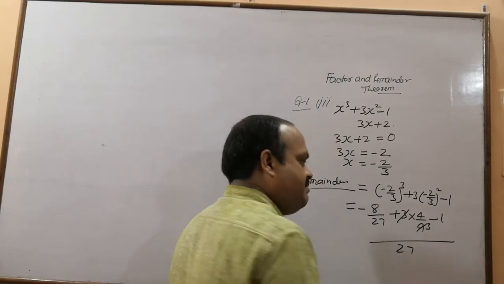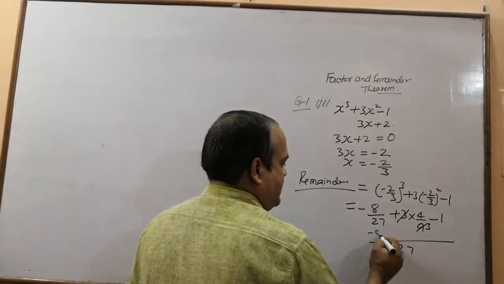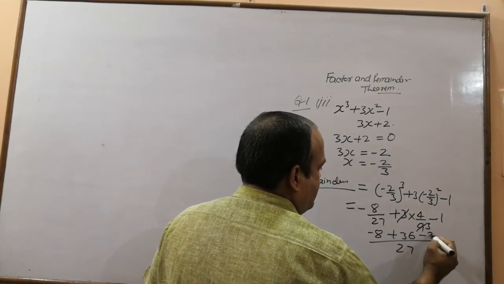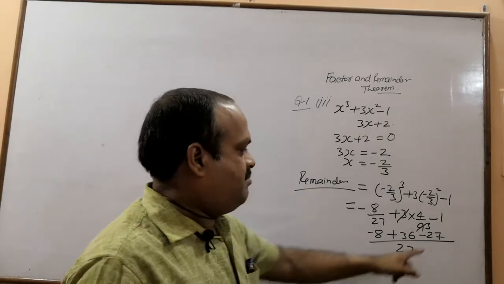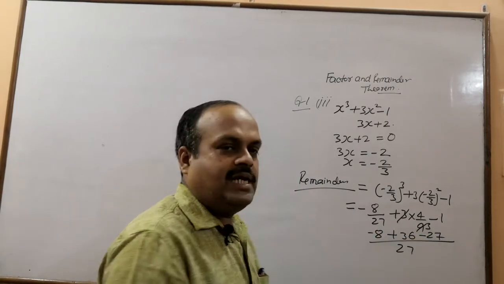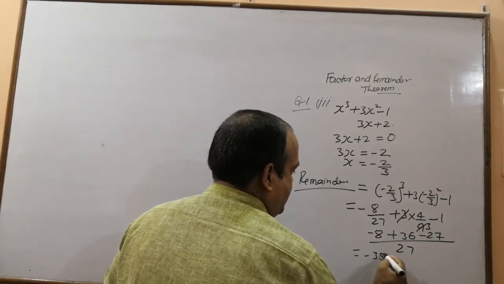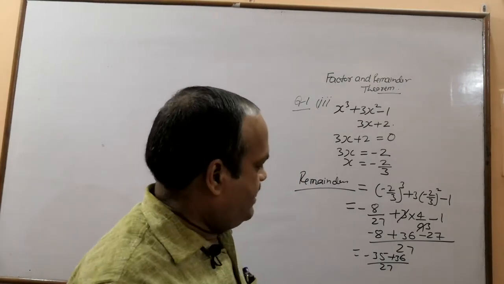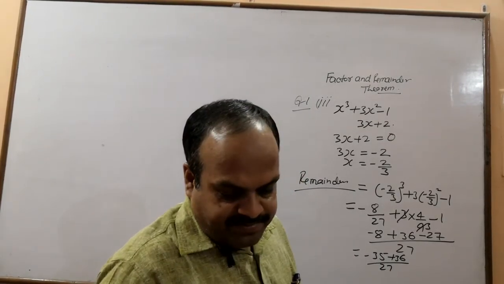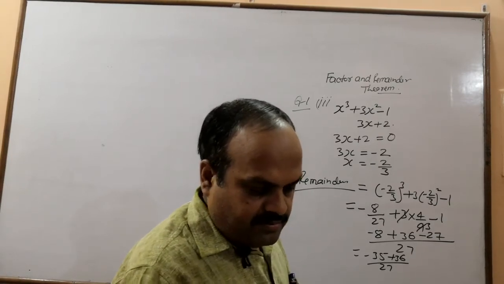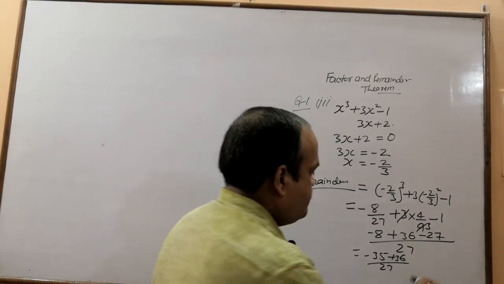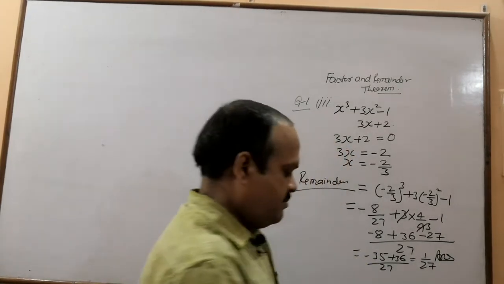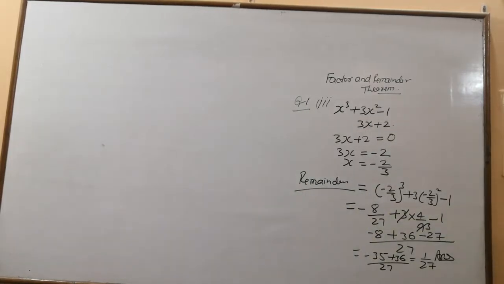So, 27 is the LCM. We get here minus 8 plus 3 nines are 27, 36 minus 27. Minus 27 minus 8, same signs should be added. So, we get here minus 35 plus 36 by 27. I hope the remainder is 1 by 27. So, the remainder is 1 by 27.